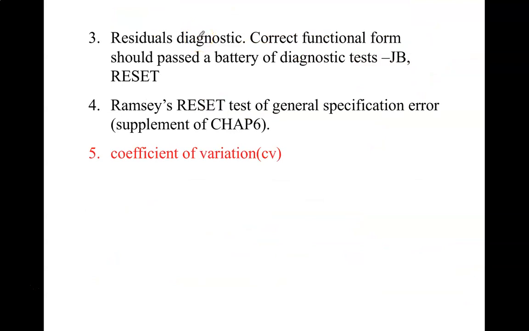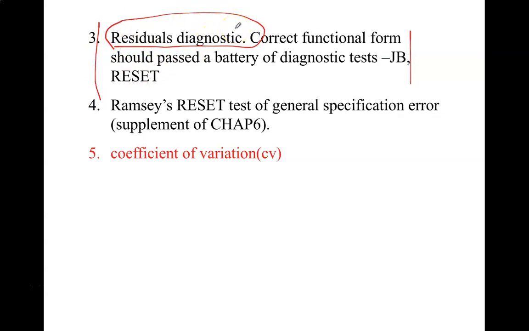Number 3, which we will do throughout this course, will be the residual diagnostic. That's what we're going to do in the second part.